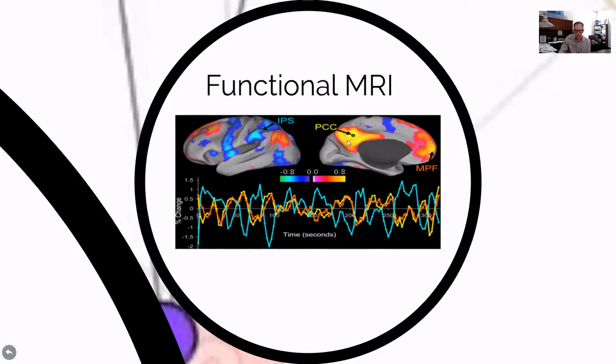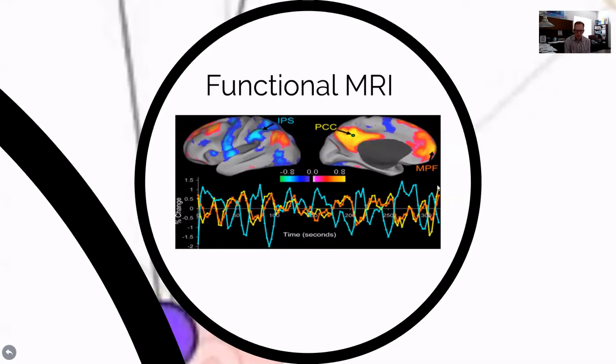For example, the posterior cingulate cortex in the parietal lobes and the prefrontal cortex. And if they are similar, we infer that they have functional connectivity.